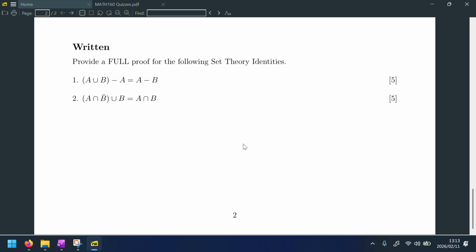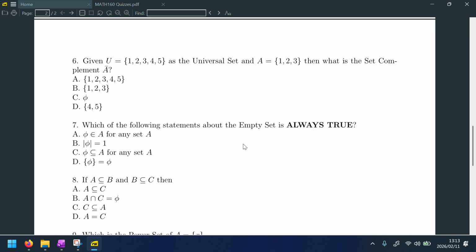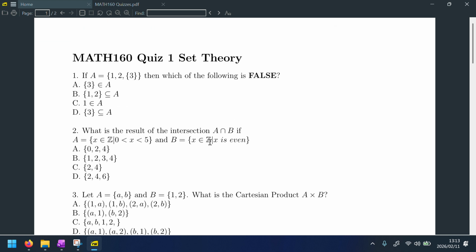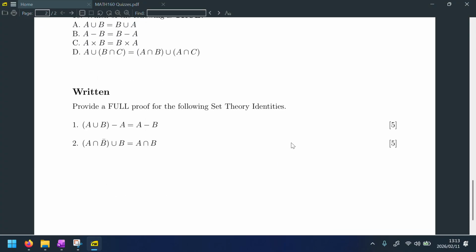You write this on paper and then you submit that at the end. The MCQ part over here will be done online. The written parts will be done on paper and then you submit that. That will give you your 2 marks for the week. Everyone clear on that?